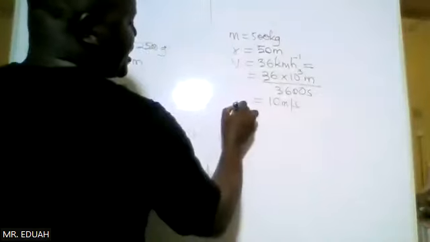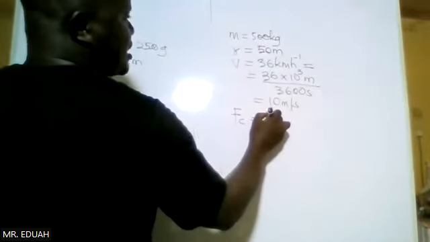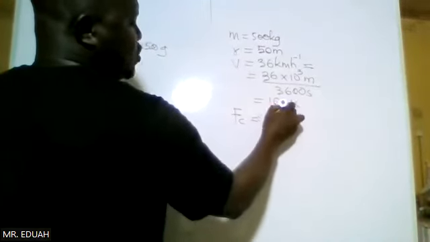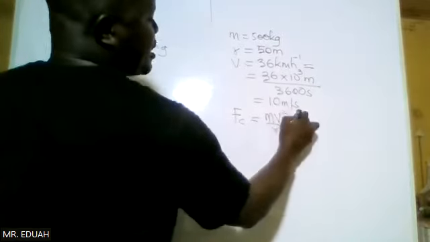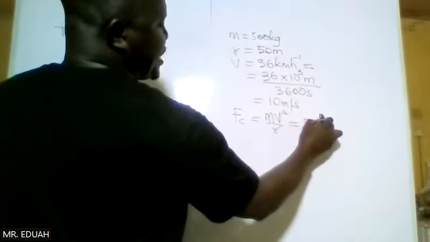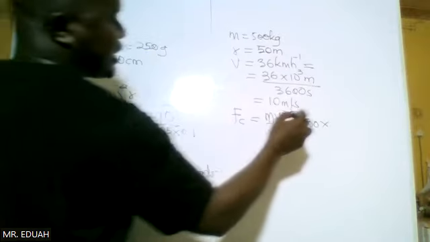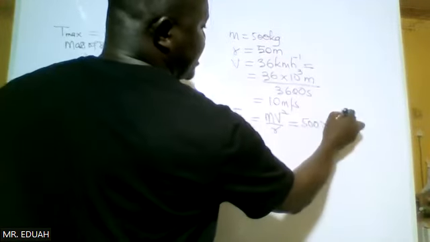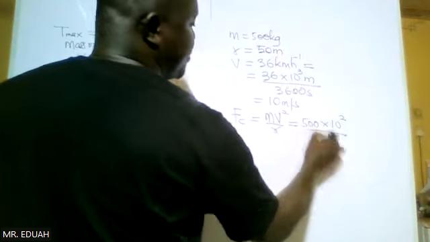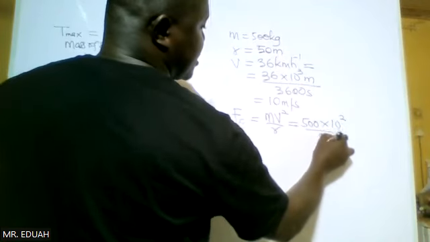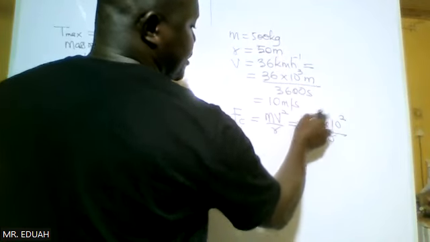So if V is this, then the centripetal force, which is mv squared over R, is equal to 500 times 10 squared over a radius of 50. Okay.